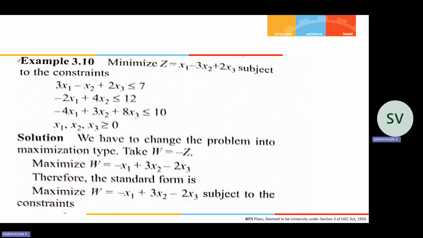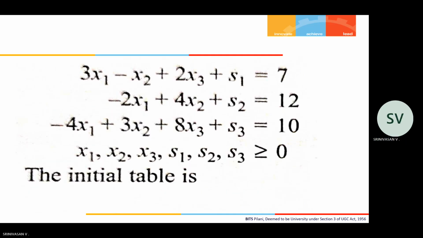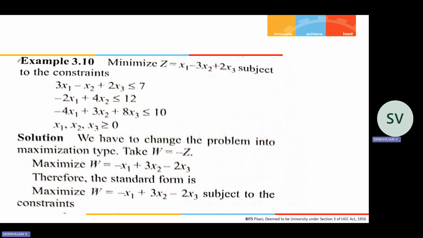Look at the constraints now. It is 3x1 minus x2 plus 2x3 plus s1 equal to 7. Next is minus 2x1 plus 4x2 plus s2 equal to 12. Minus 4x1 plus 3x2 plus 8x3 plus s3 equal to 10.